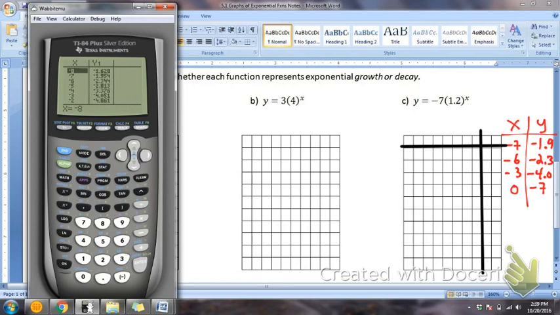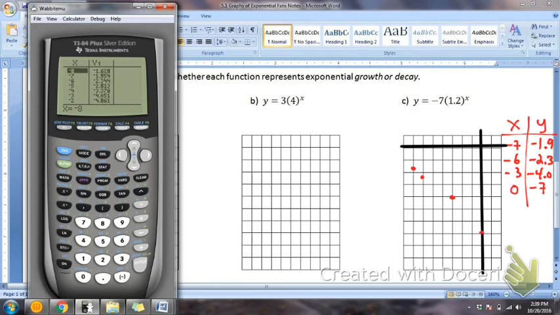So 1, 2, 3, 4, 5, 6, 7. 7, -1.9, -6, -2.3, -4. Oh, you don't want to do consecutive points? No. 0, 7, 1, 2, 3, 4, 5, 6.